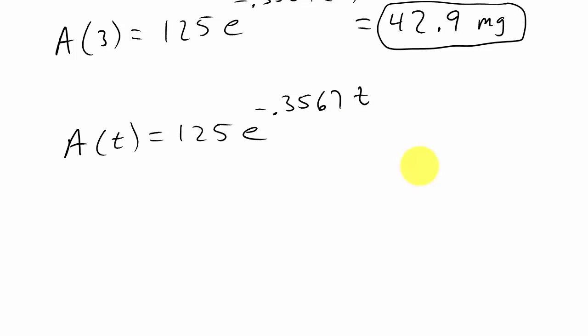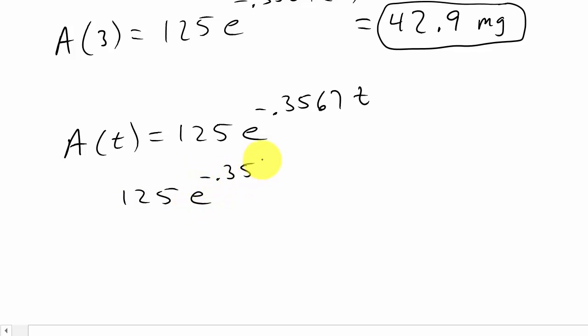What we want to know is, when does 125 e to the negative 0.3567 times t equal half of this amount, 125 over 2, which is 62.5.